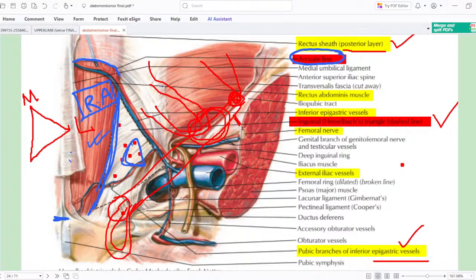Suppose this is the triangle. This is the lateral border of rectus abdominis, forming the medial wall of the Hasselbalch triangle. Then the lateral boundary is formed by the inferior epigastric vessels, and the inferior boundary is formed by the inguinal ligament.